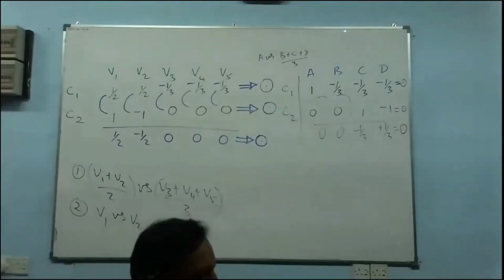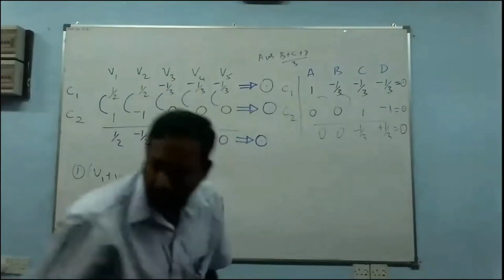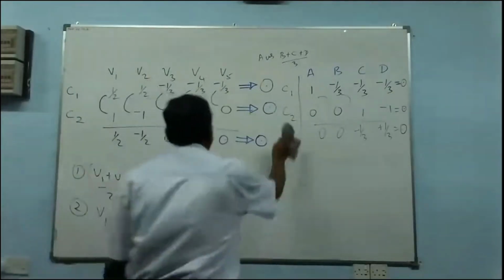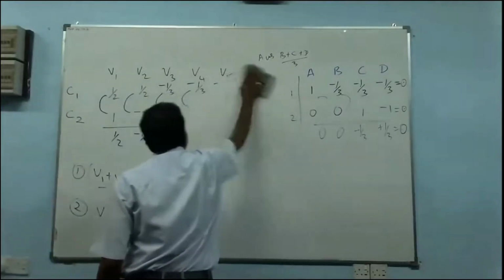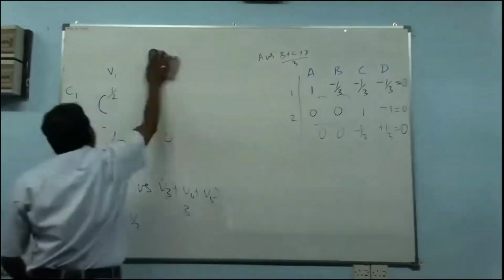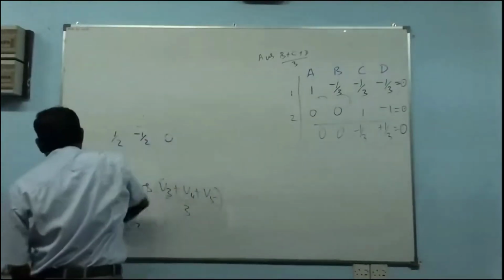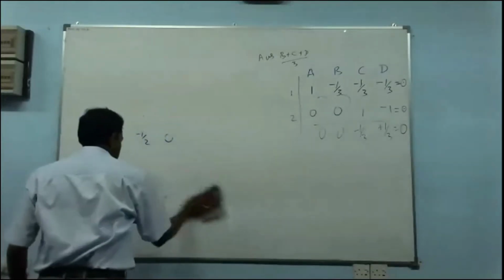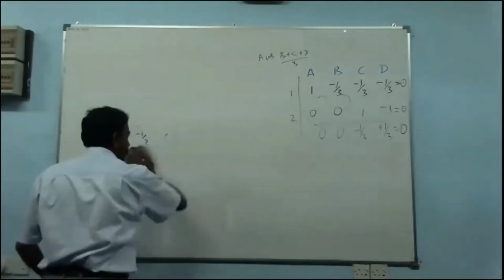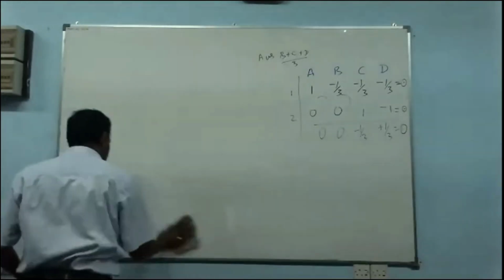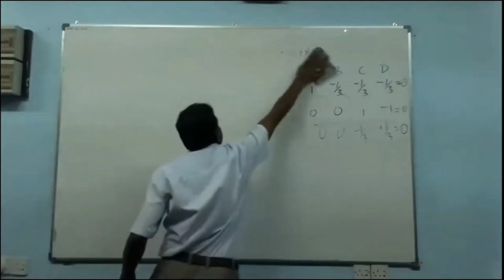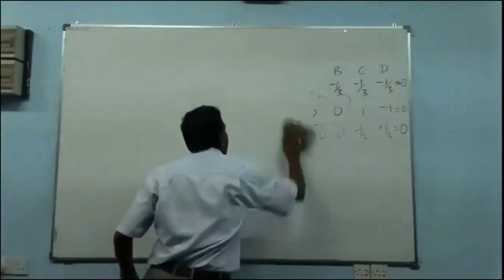If you look at the ANOVA table, can you remember the ANOVA table? Source of variance, degrees of freedom, sums of square, mean square, and the F calculated value.